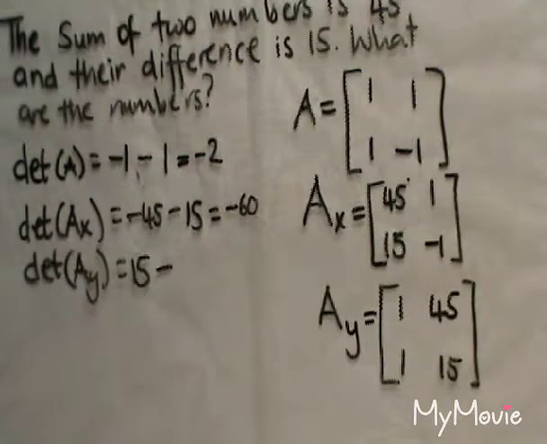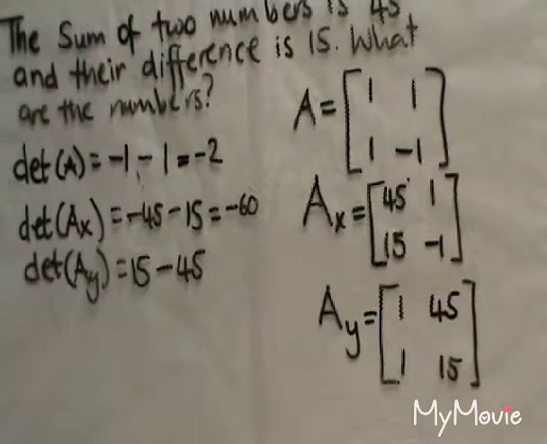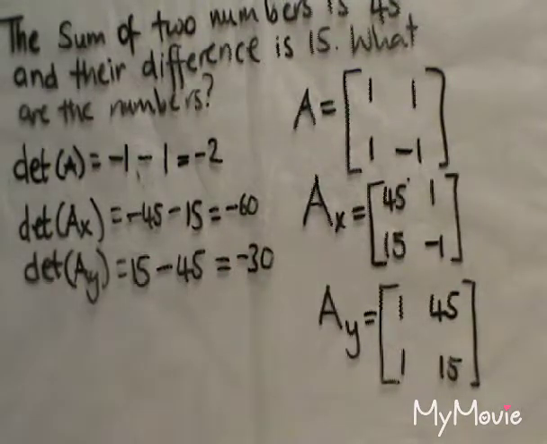This is 15 minus 45. Okay, so 15 minus 45, this should be equal to minus 30. Yes, that is right. So this is equal to minus 30.